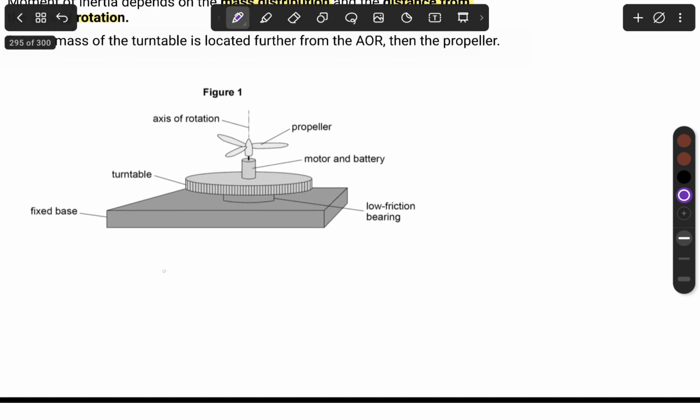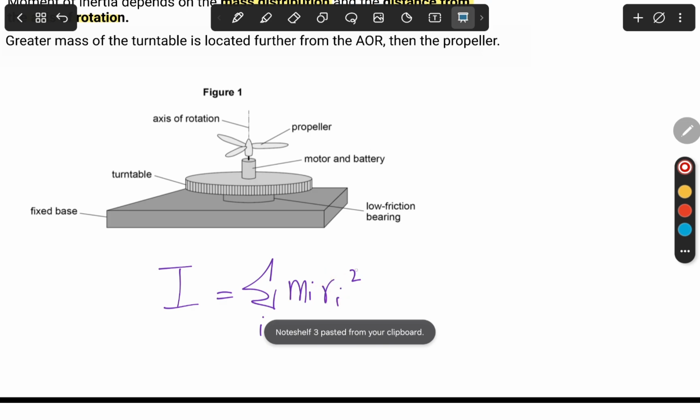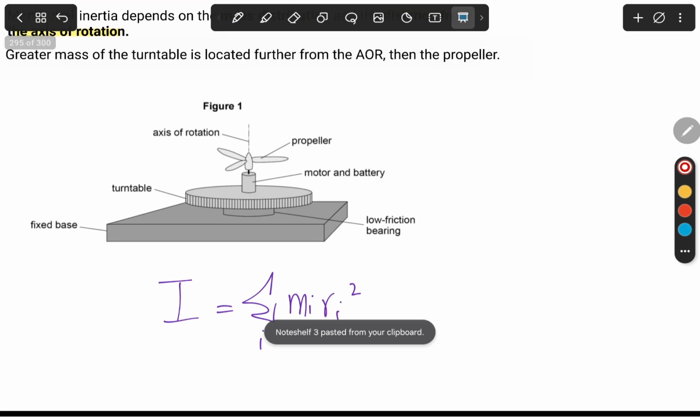And we know that the moment of inertia is equal to the sum of m r squared for every tiny mass, where r is the distance from the axis of rotation for every tiny mass, and m is the mass of every tiny mass. When you multiply m and r squared for every tiny mass and sum them up, that's going to give you the moment of inertia.